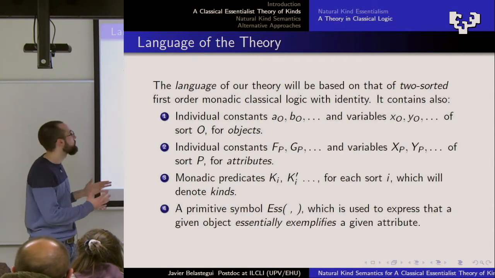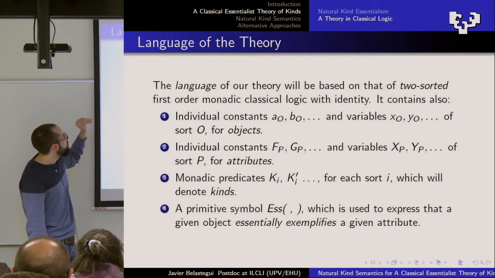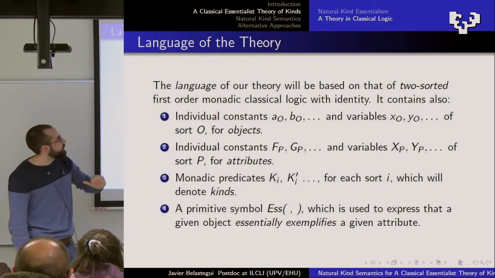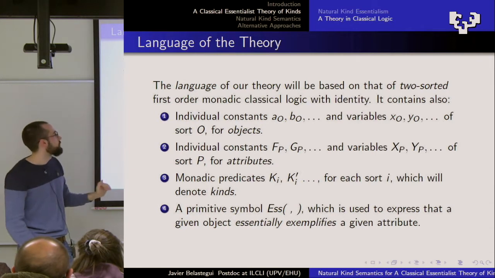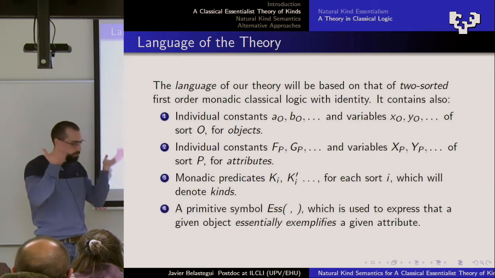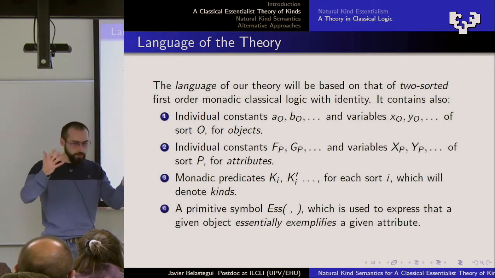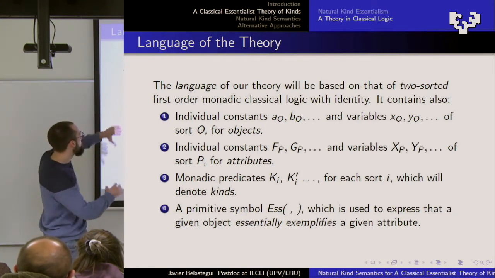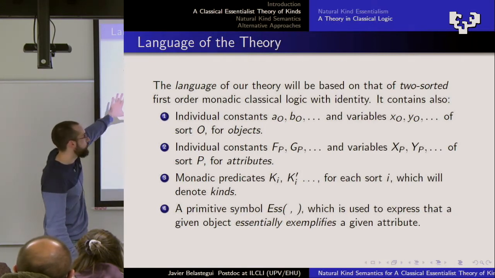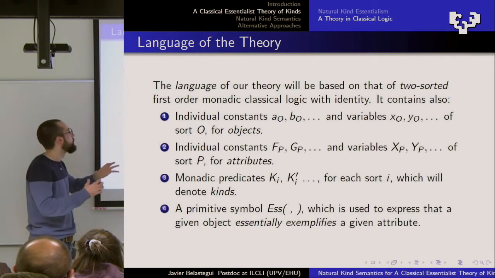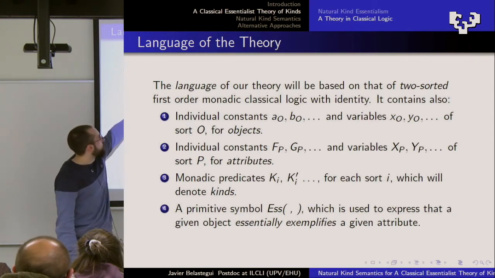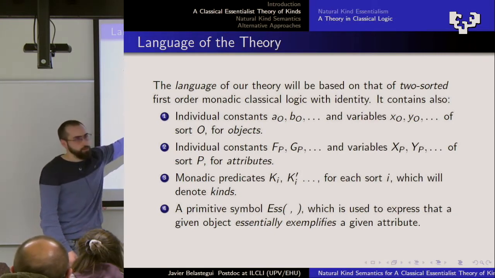This is basically what I'm doing. The language is that of first-order monadic classical logic with identity, and it's two-sorted. So you take your usual understanding of classical logic, and you make the distinction between two sorts of things: we have symbols for objects and symbols for attributes.